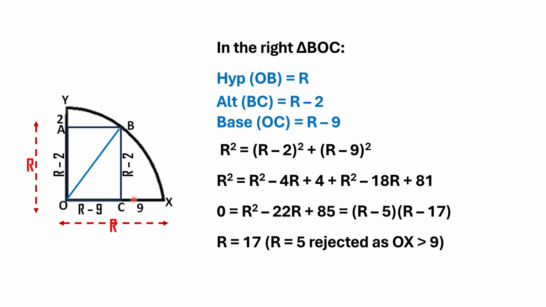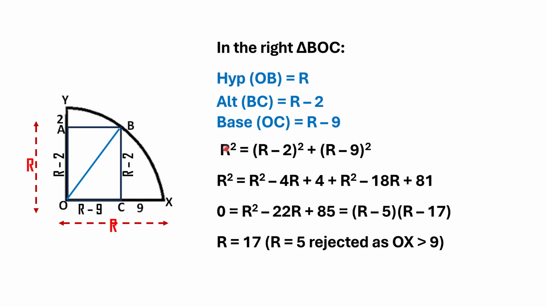You can see the right angle triangle blinking. The blinking right angle triangle is shaded pink. The hypotenuse is OB, which is equal to R radius. The altitude, the height of the rectangle, is R minus 2, and the base, which is the width of the rectangle, is R minus 9.